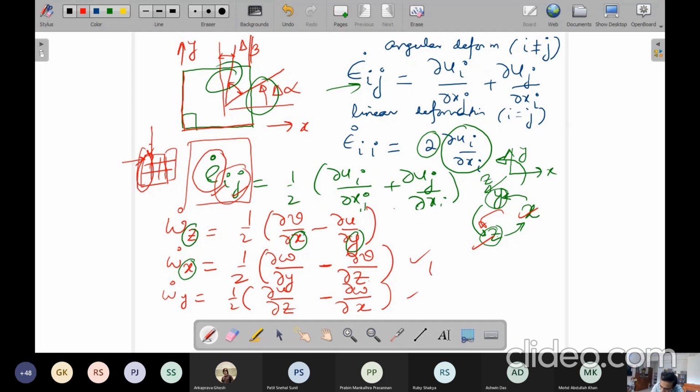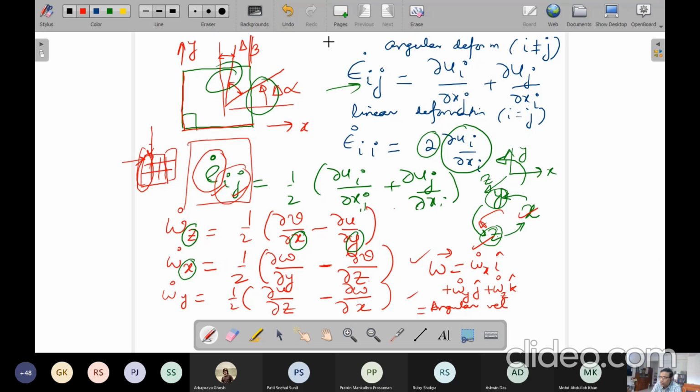So the angular velocity vector is nothing but, so this is angular velocity, simply the vector sum of the angular velocities with respect to the axis.